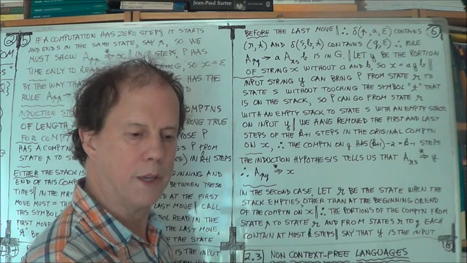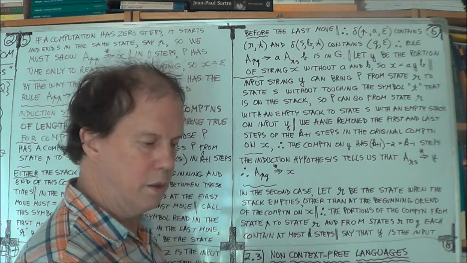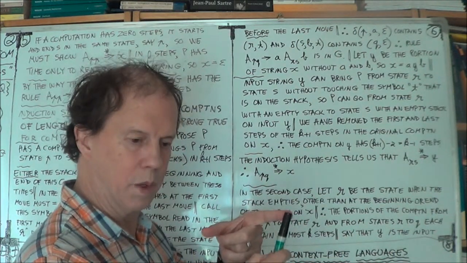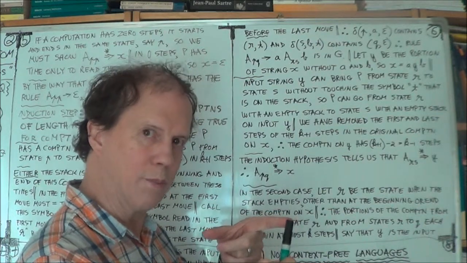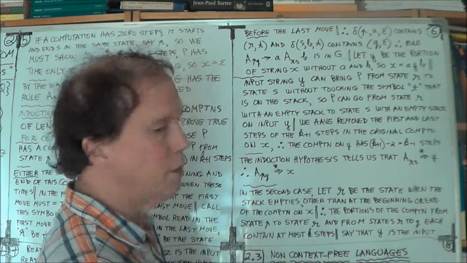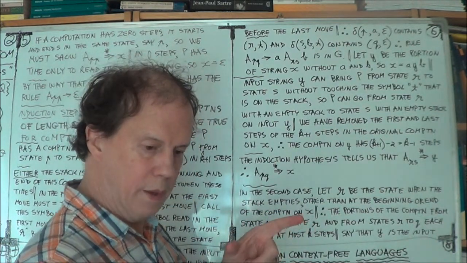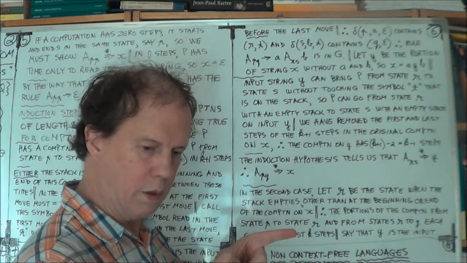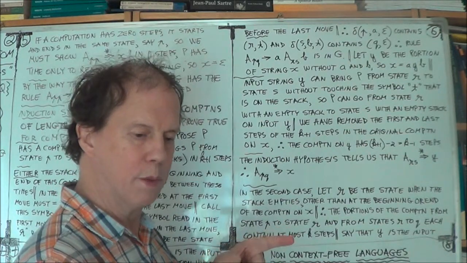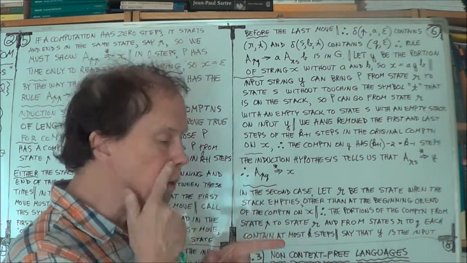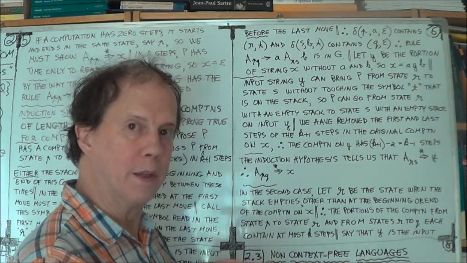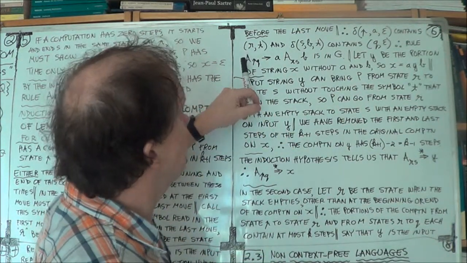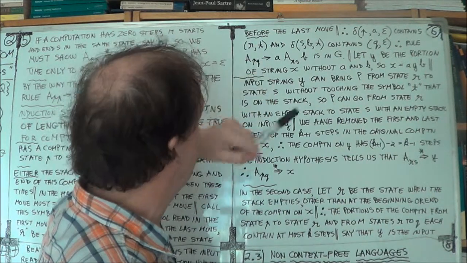Remember, this stack does not empty between p and q. It only empties when it goes to q for the first time. So the symbol that you push when you read the first symbol is equal to the symbol that you pop at the end. And we said that was T. So you're pushing T here.